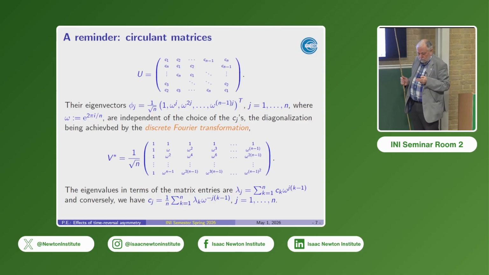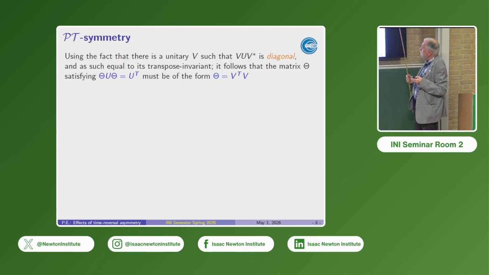So now, if you want to ask about the form of the matrix theta, you realize that you can always diagonalize a unitary matrix, and a unitary that is a diagonal matrix is invariant with respect to transposition. So since you know the matrix which in this case diagonalizes, you easily find that this matrix theta is this combination of the diagonalizing matrix of the discrete Fourier transform.